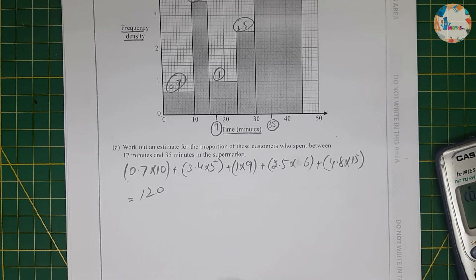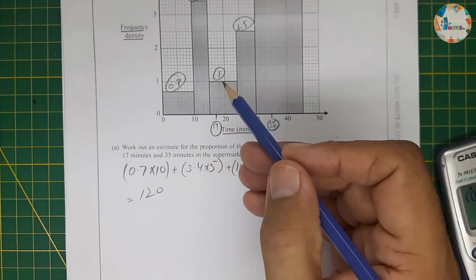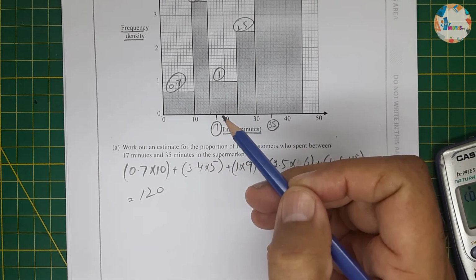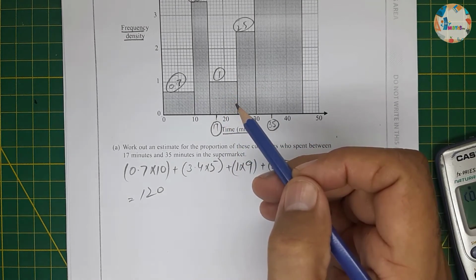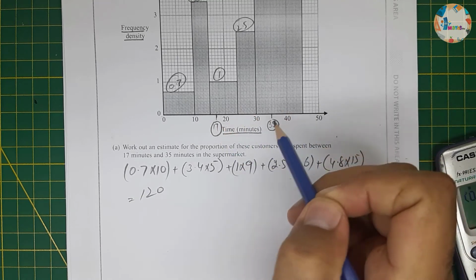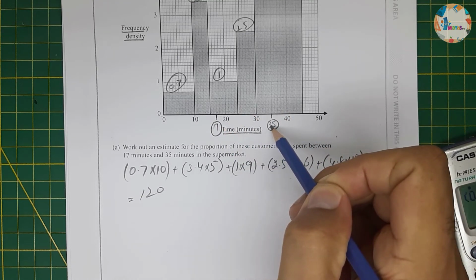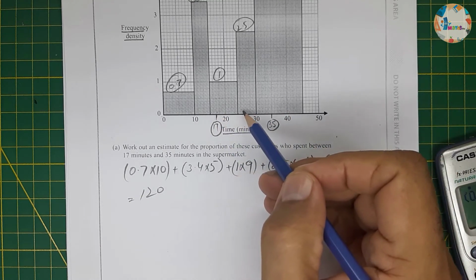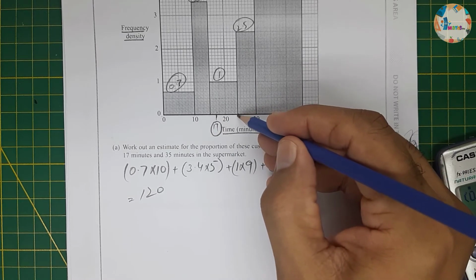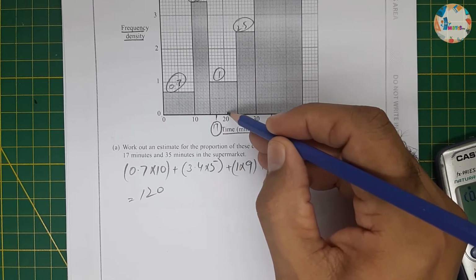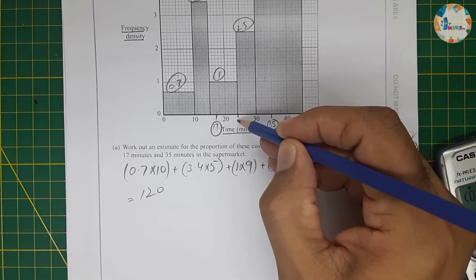Now we have to calculate from 17 minutes to 35 minutes. We'll calculate from 17 to this much. This will be 21, 22, 23, 24.